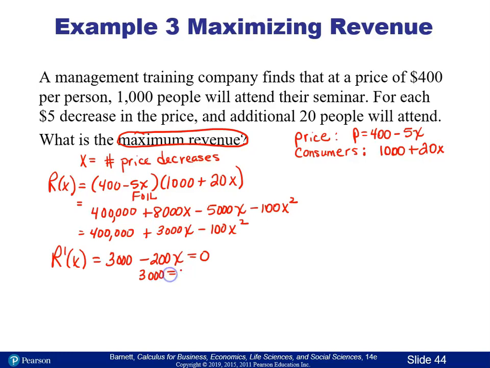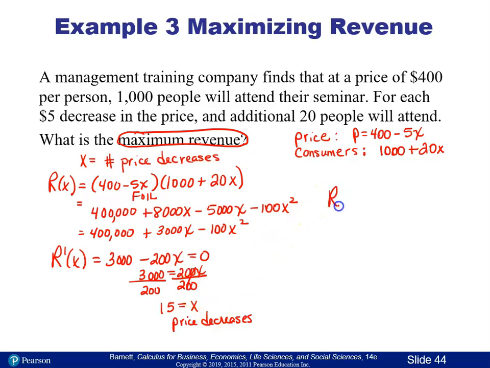So I'll have 3,000 equal to 200x, we'll divide by 200, and so x is going to be 15. So we want to have 15 price decreases in order to maximize it.